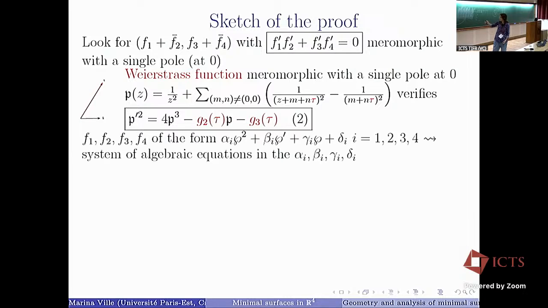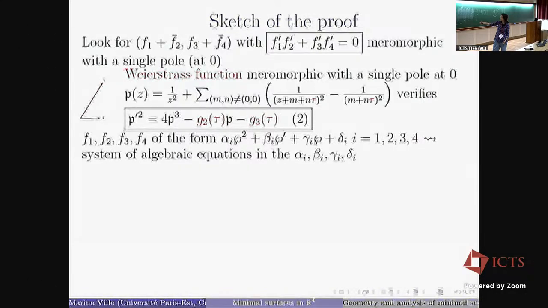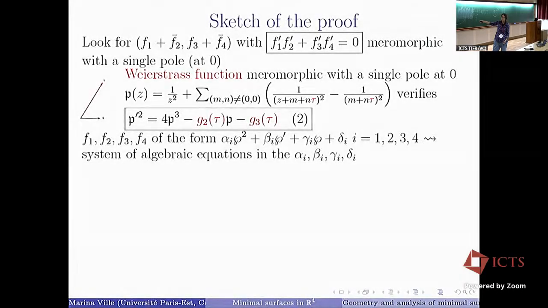And so we write all these equations. We look for functions which are combinations of P squared, P prime, P, and a constant, and we write this equation. That gives us a slew of equations.